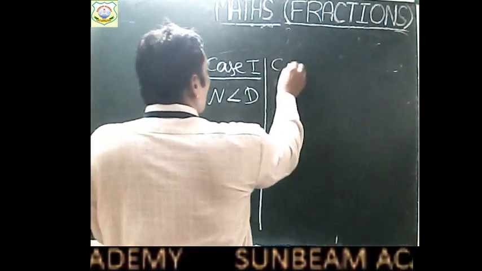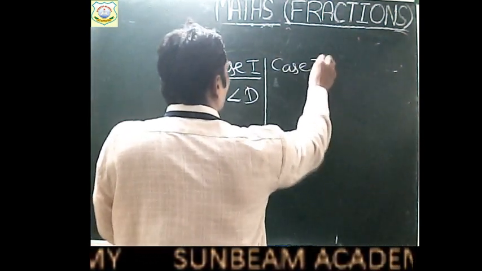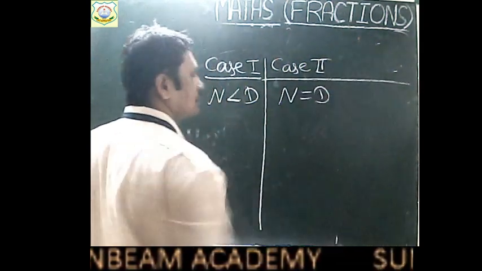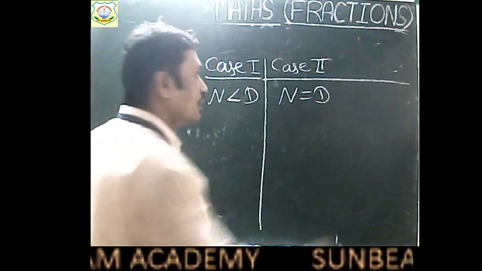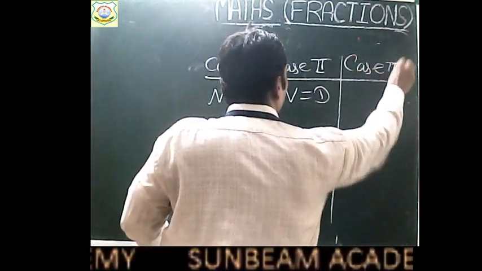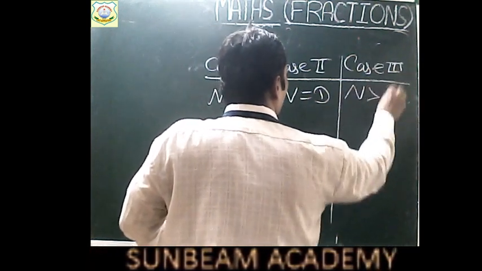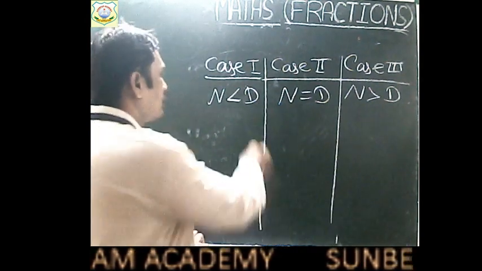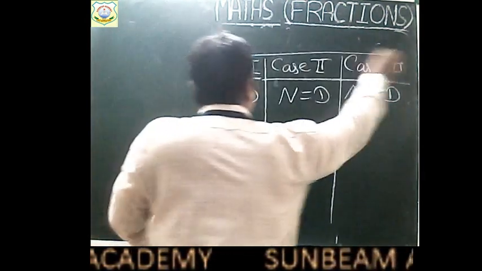In second type of fraction, case 2, you will see that numerator is equal to denominator, and in third type of fraction, that is case 3, you will see that numerator is greater than denominator, right? So these are 3 different cases children.